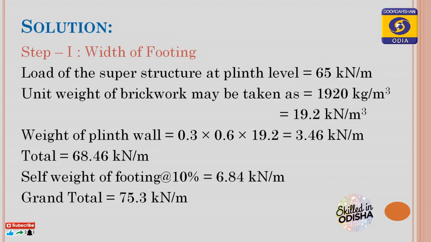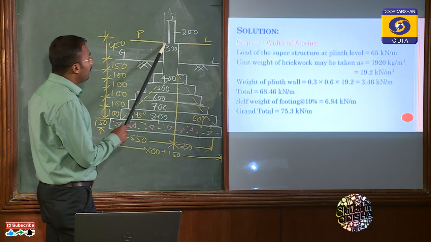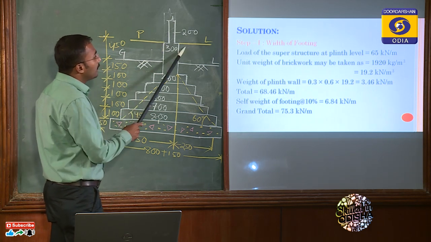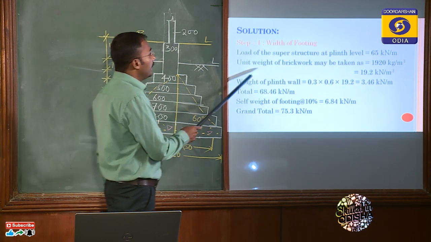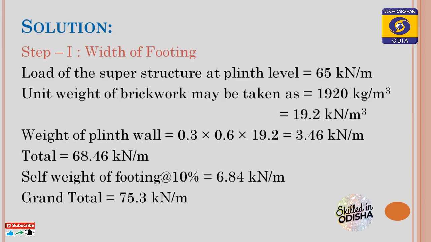The load of the superstructure at the plinth level from the problem statement is 65 kilonewton per meter. That means the load at this level is 65 kilonewton per meter, and the unit weight of brickwork may be taken as 19.2 kilonewton per meter cube.